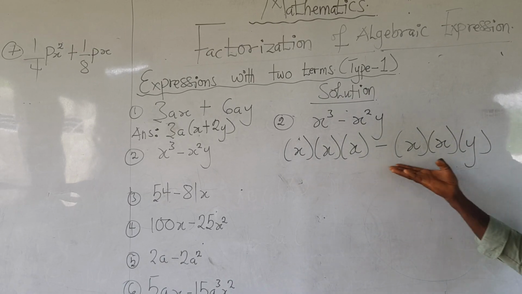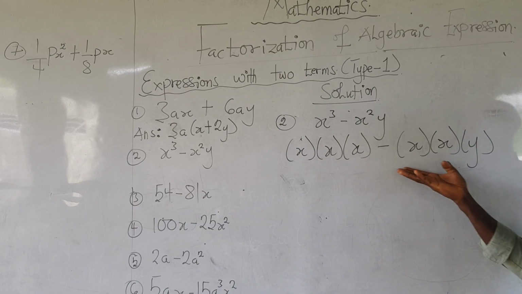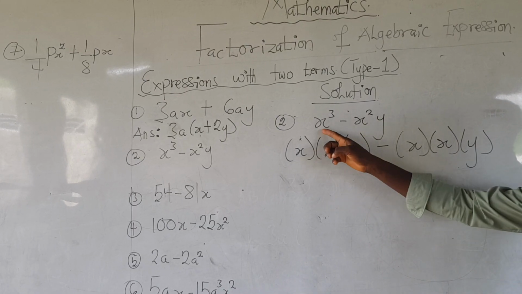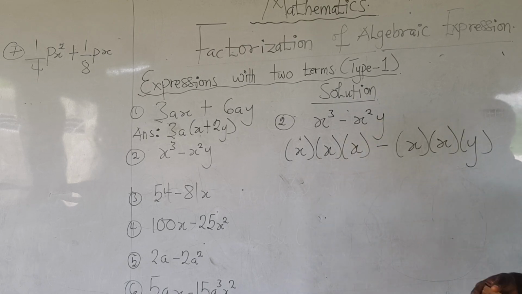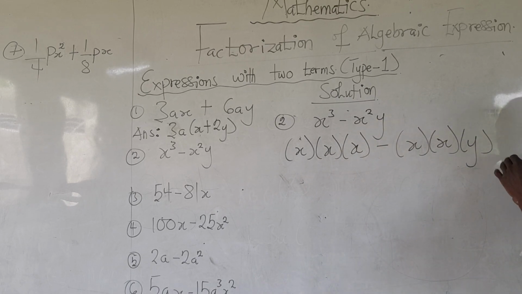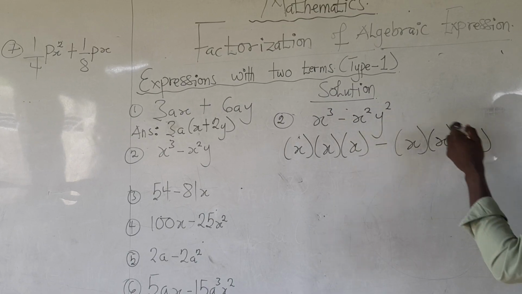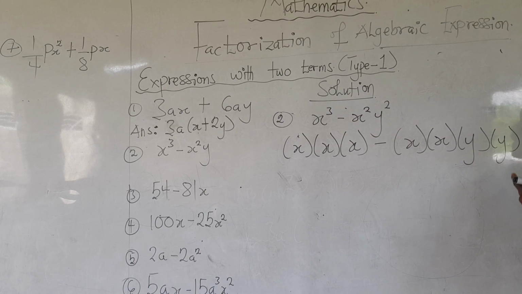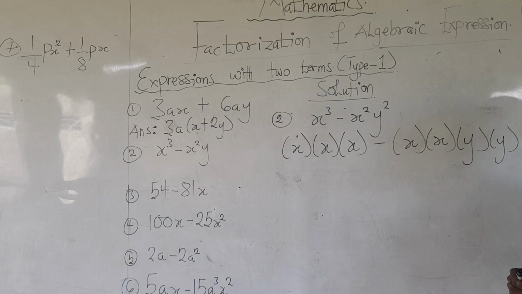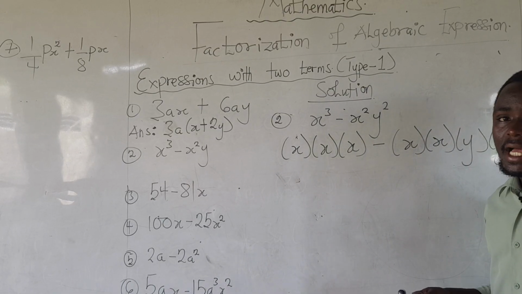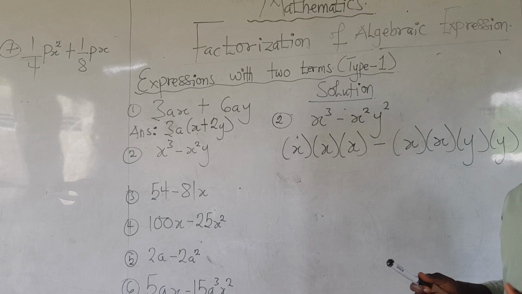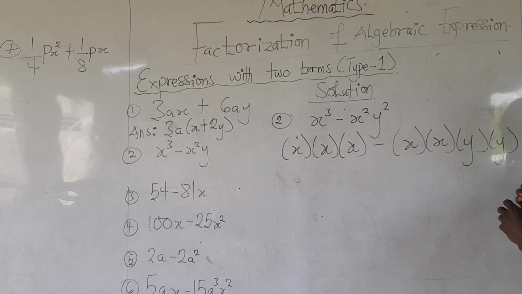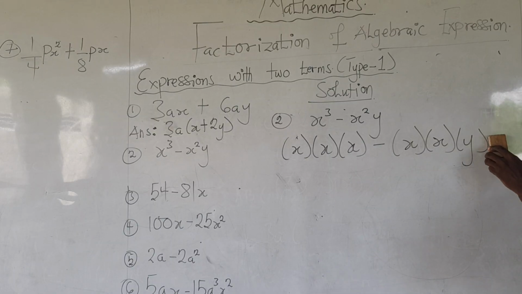Remember we said that the power of the x should be 1. Had the power of y been 2, we should have added another y to it. We break the variables down so that the power does not remain as it is, but rather becomes 1. In the question, the power of y was 1, that is why we left it as it is.